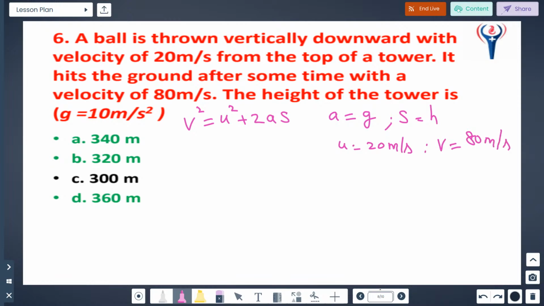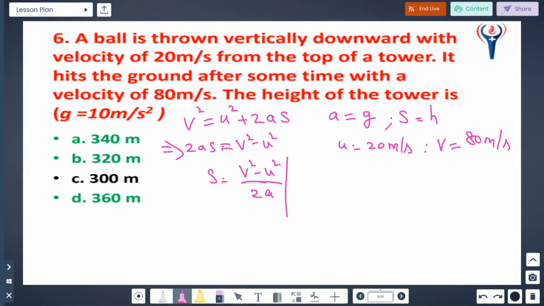Substitute these here and find h. 2as = v^2 - u^2, so s = (v^2 - u^2)/2a, and s equals h.